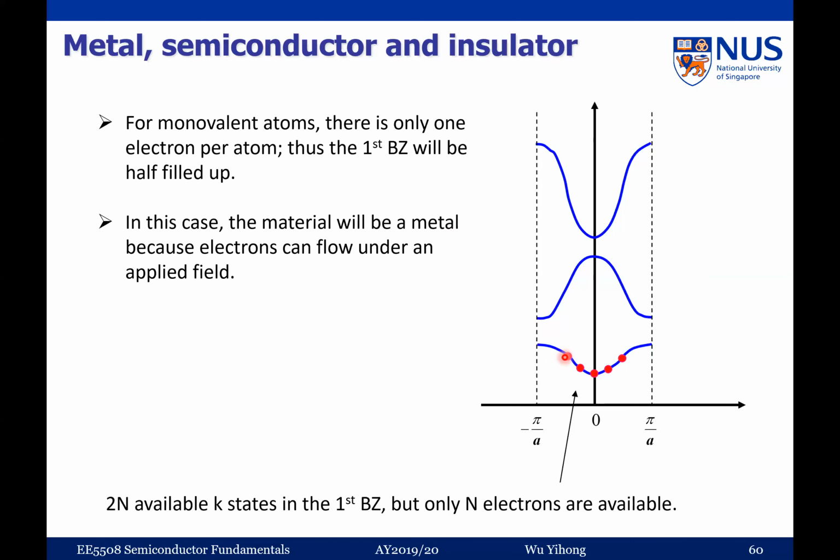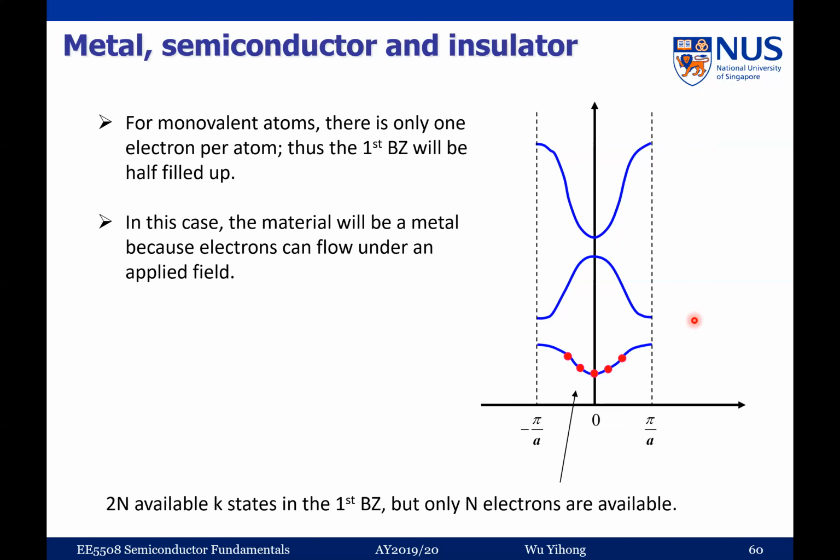If you have n atoms within that monatomic chain segment of length L, then within the first Brillouin zone you can have 2n electron states.